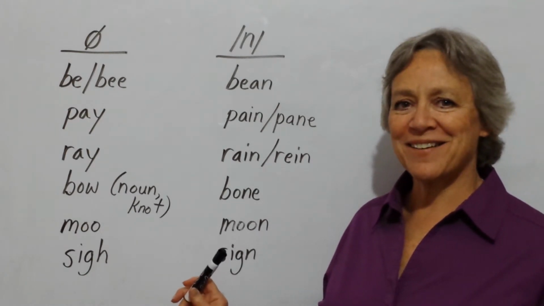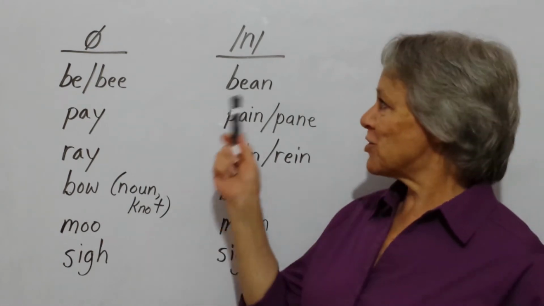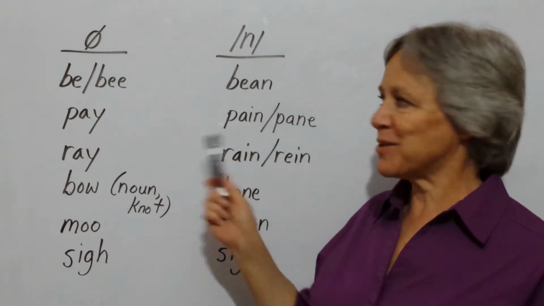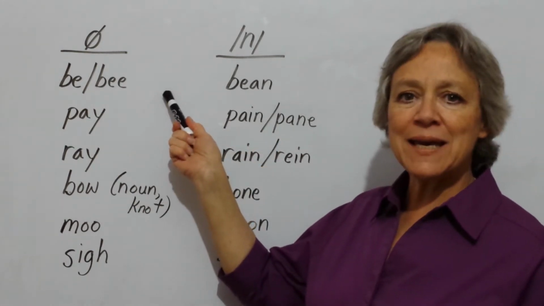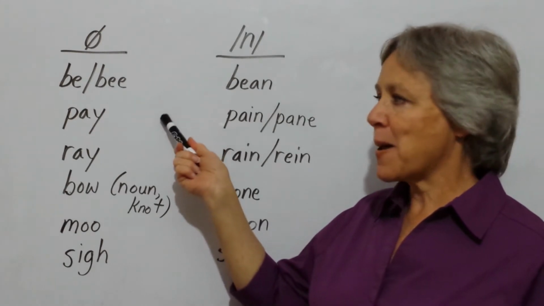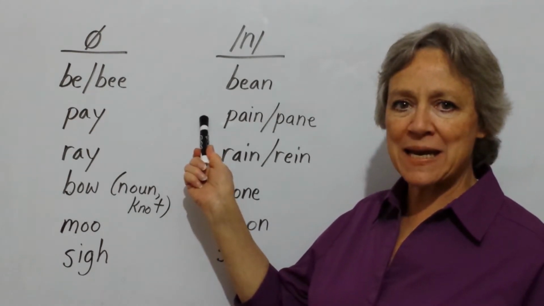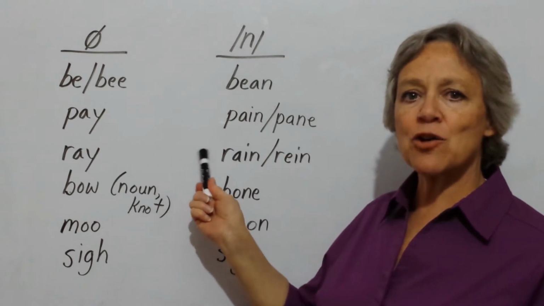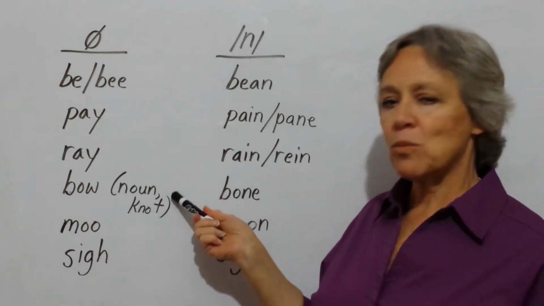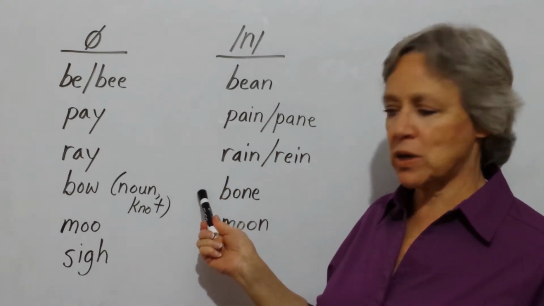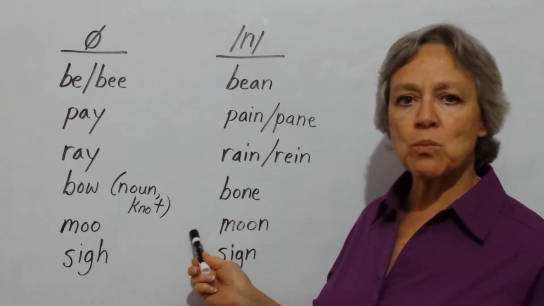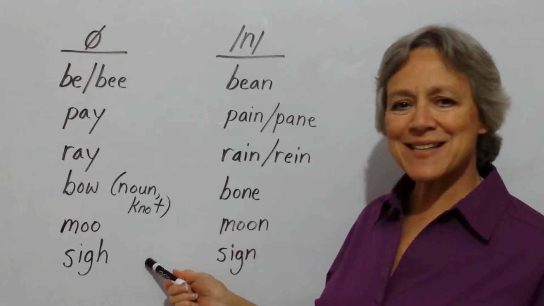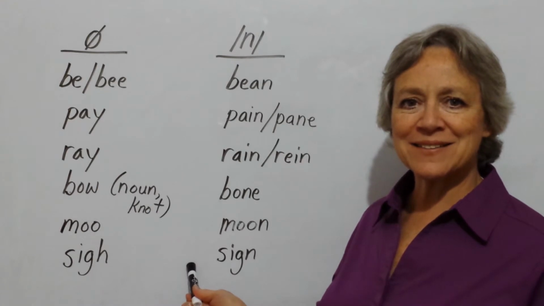Okay, how's that? Let's do it one more time. Just be sure to get the sound in there, please. Okay? Be, bean, pay, pain, ray, rain, bow, bone, moo, moon, sigh, sign.